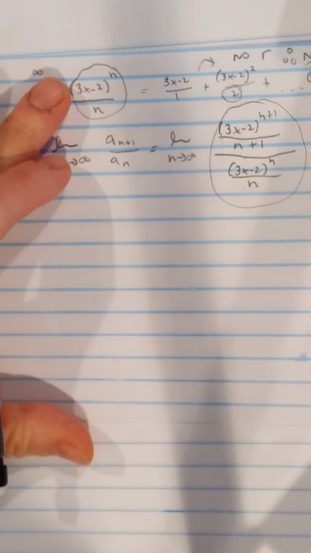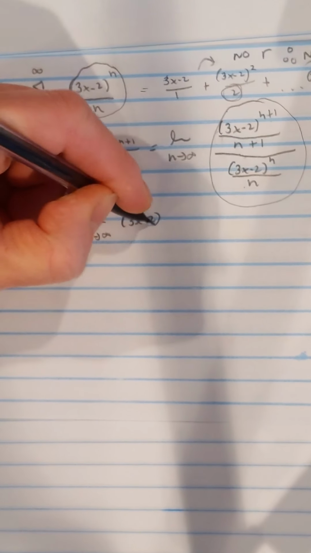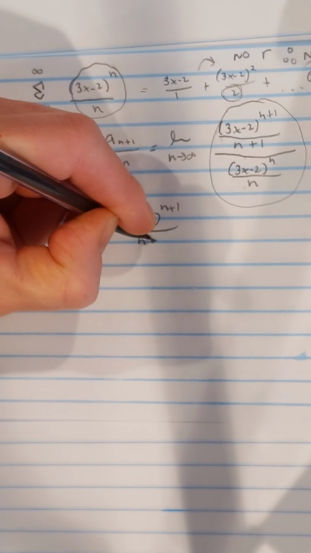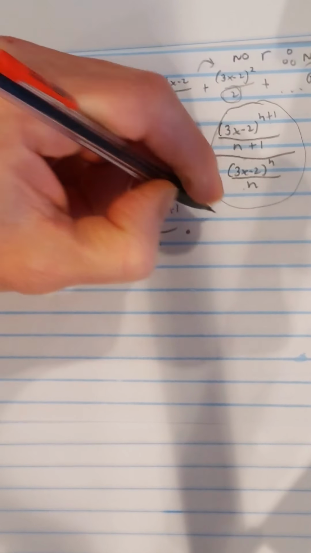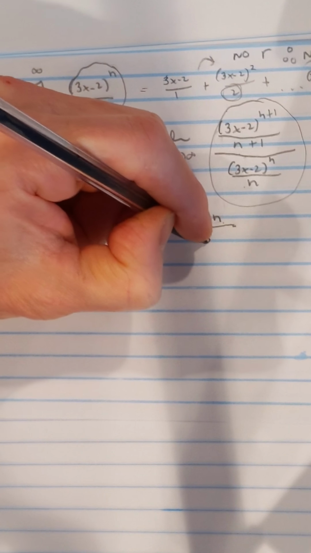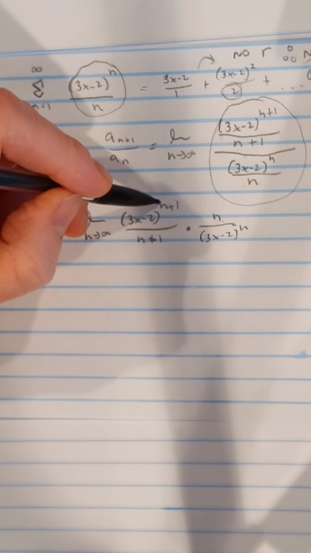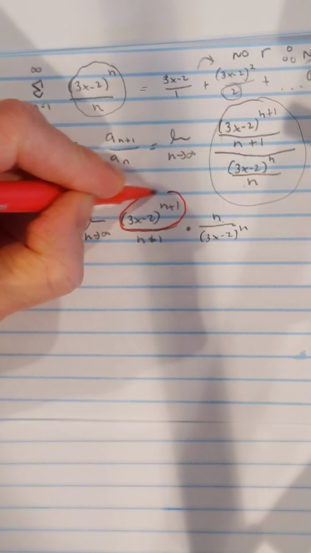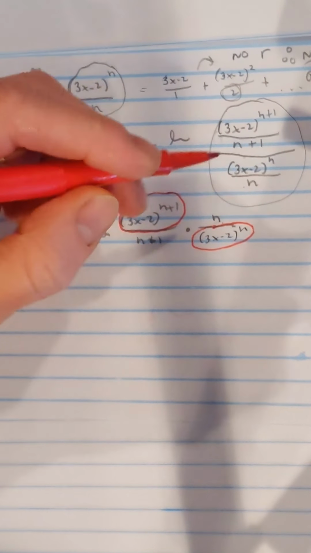So, limit as n approaches infinity of (3x minus 2) to the n plus 1 over n plus 1. This is classically how I would write it right away, because that's how it winds up working. Over (3x minus 2) to the n. Then I'm going to move things around, because I can see this piece and this piece have exactly the same base and they have exponents on them.